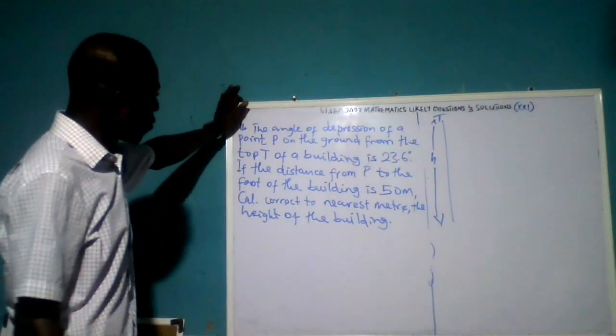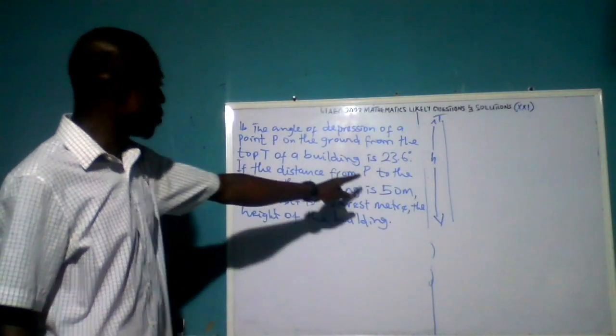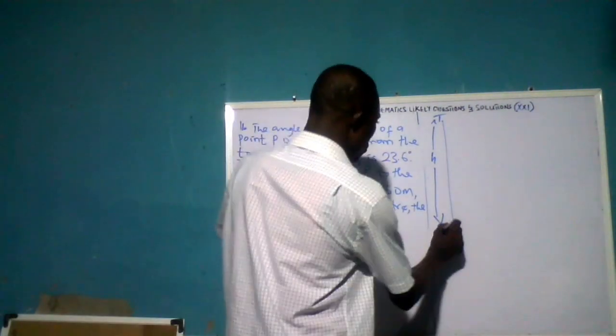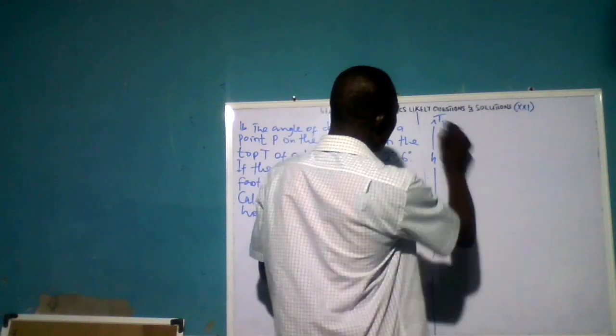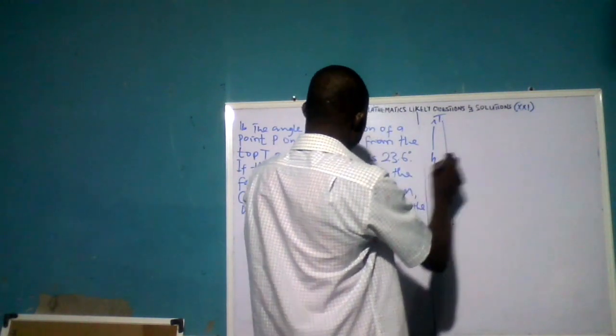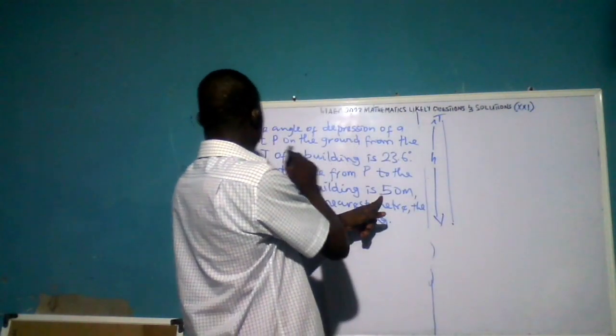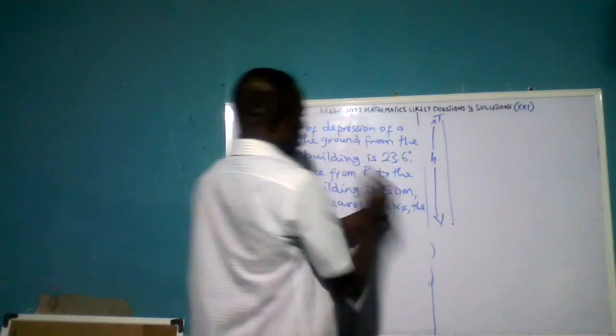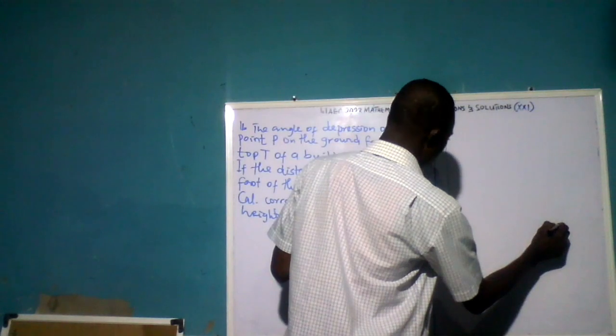And we are told that the distance from P to the foot of the building is 50 meters. This is the foot of the building, and the angle of depression of a point P on the ground. Let's say the point P is here.